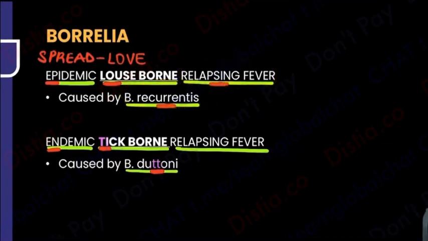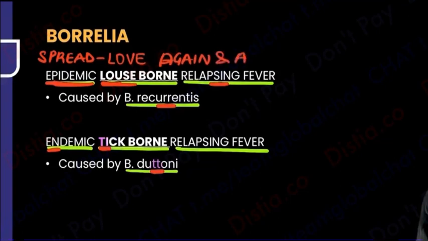Recurrentis, okay? It happens on every left and right swipe. So remember, you're going to spread the love again and again. Spread means all over, epidemic, love means louse, and everywhere, and again and again means it is going to be relapsing fever. That is the story of Borrelia recurrentis.